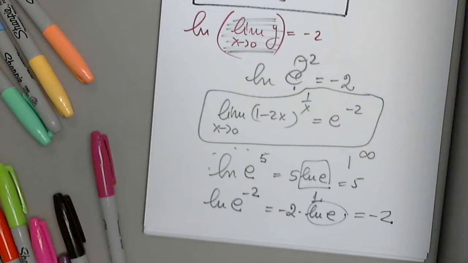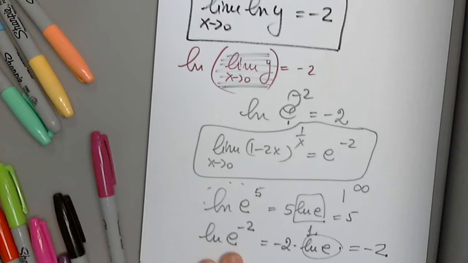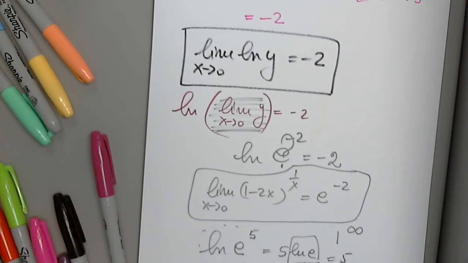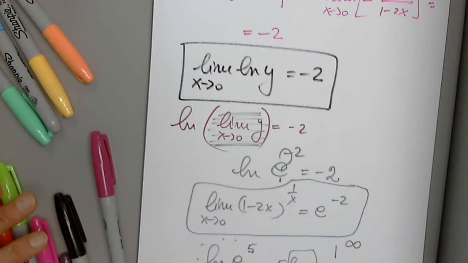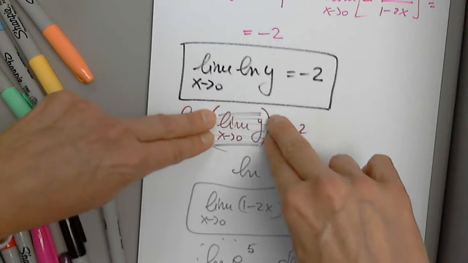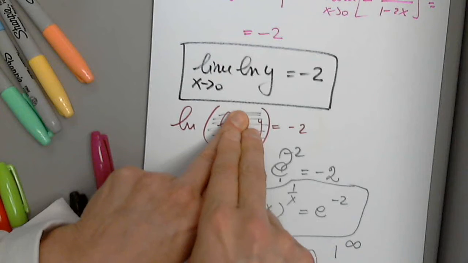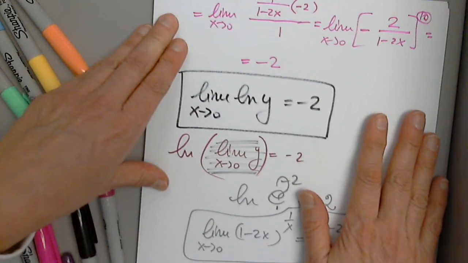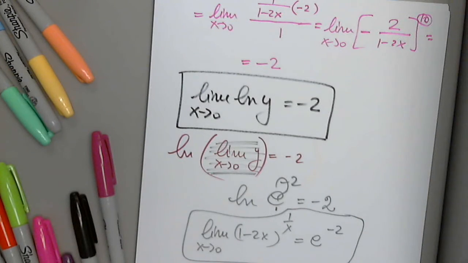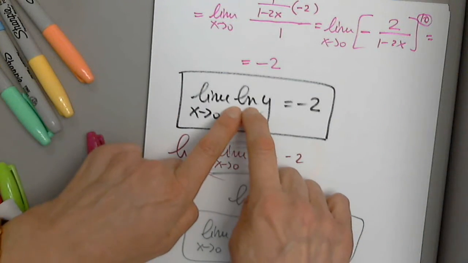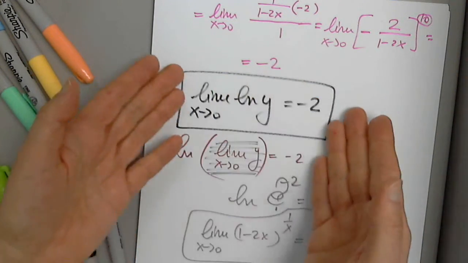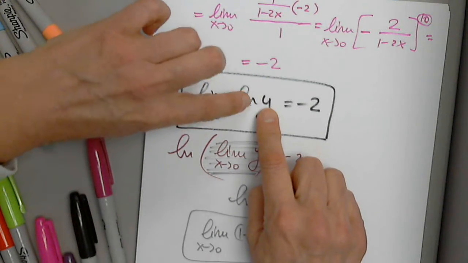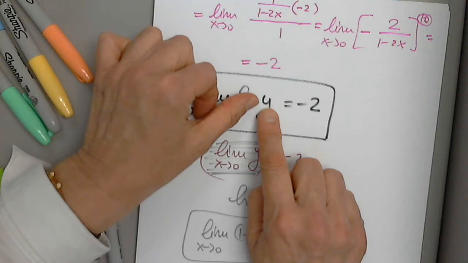Yes, Braden? Why does the limit as x approaches 0 of y go away? Oh, no, I was just saying that this is what I'm after. This was the question from the very beginning. Okay. So I did not determine the limit directly. I determined the limit of the natural log. And once I got to this stage, knowing that this function is continuous, of course it is, then I was allowed to swap the two operators.